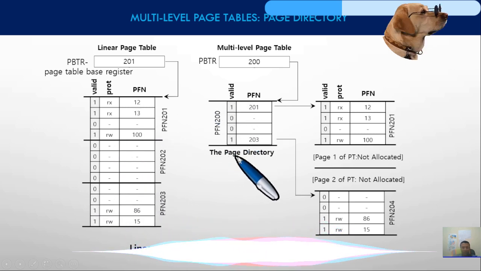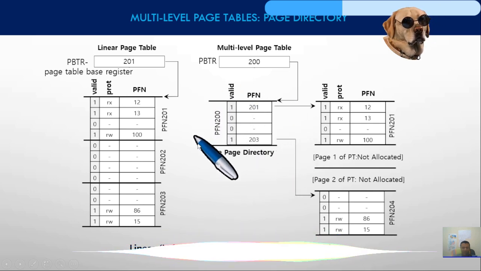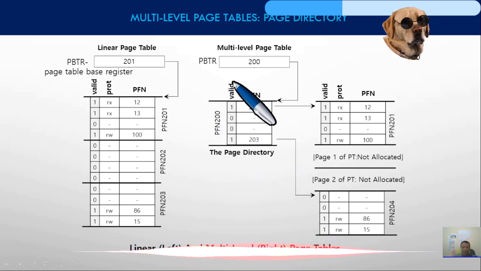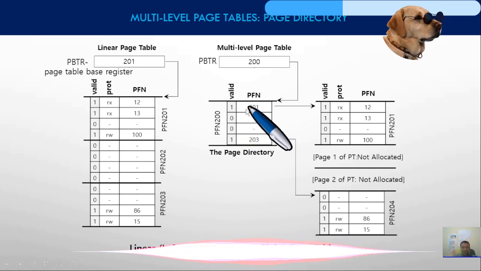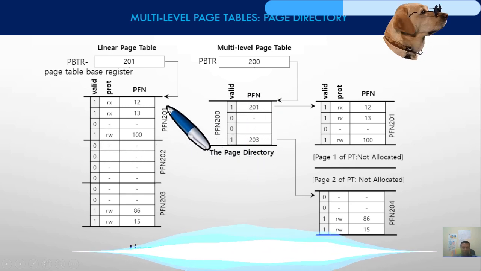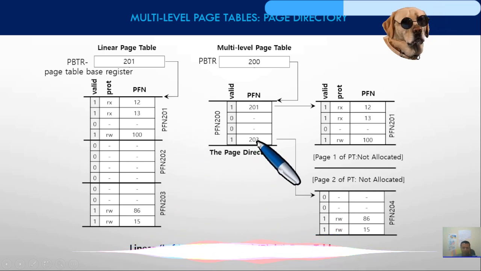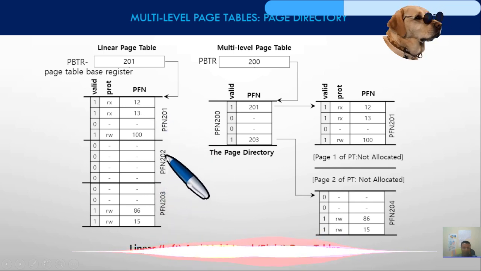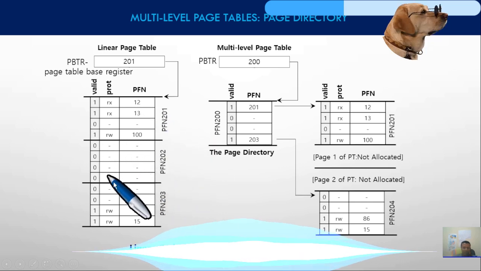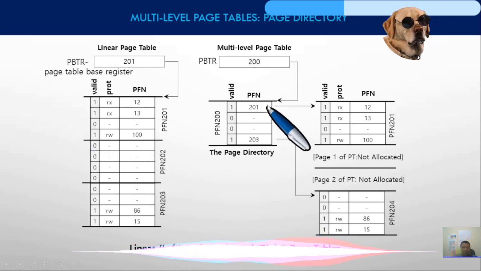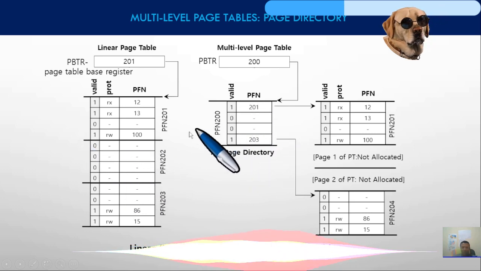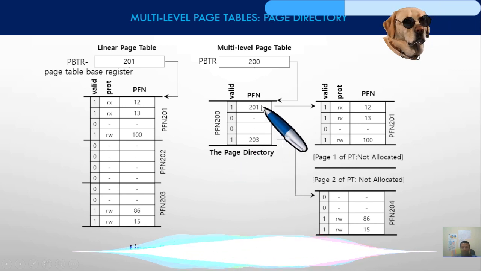So the page directory includes the valid bit and the page frame number. For example, page frame numbers 201 and 203 are valid, but 202 is invalid, so it will remove it. So you will find this data in the page directory.